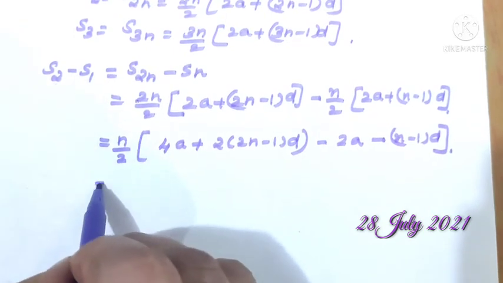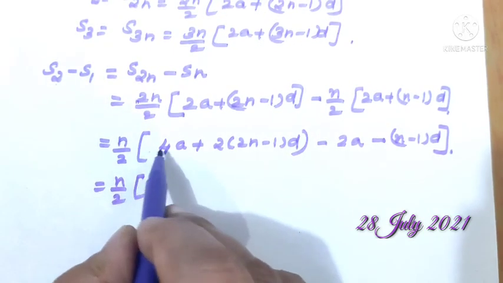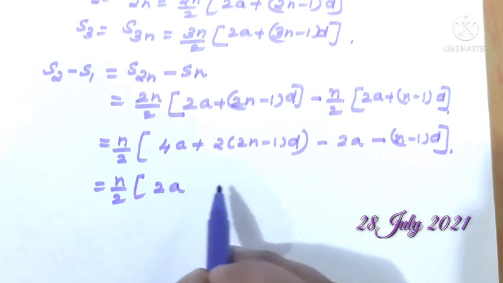So n by 2 bracket 4a minus 2a, that is 2a only, plus d I am taking common.